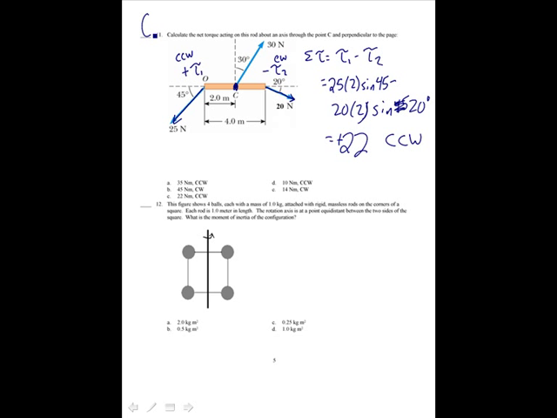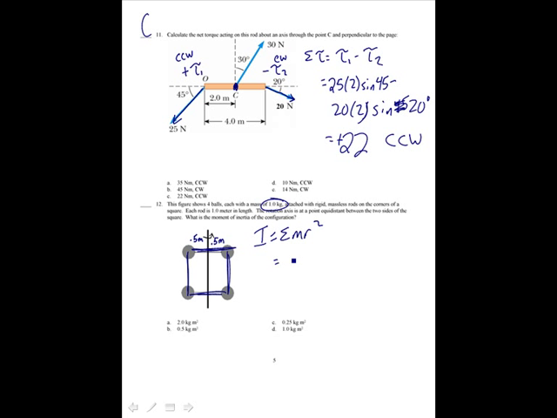This figure shows 4 balls, each with a mass of 1 kilogram, attached with rigid massless rods on the corner of a square. Each rod is 1 meter in length. The rotation axis is a point equidistant between the two sides of the square. What is the moment of inertia? So this distance is 0.5 meters, and this distance is 0.5 meters. I is the sum of m r squared.